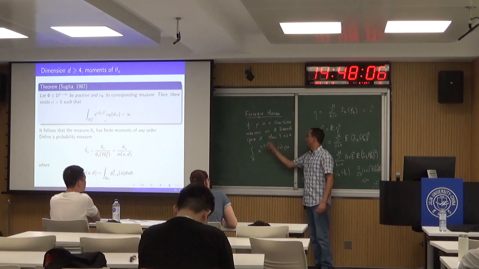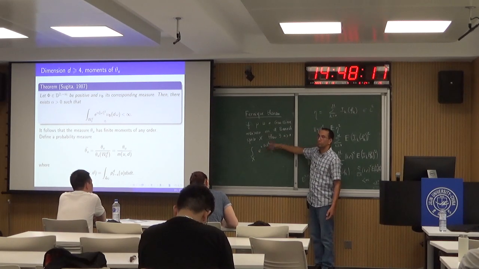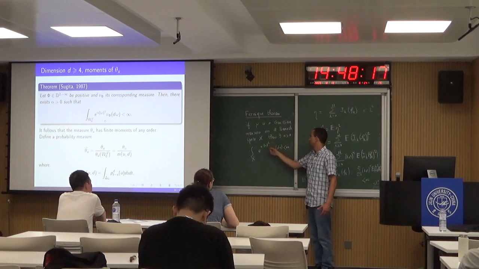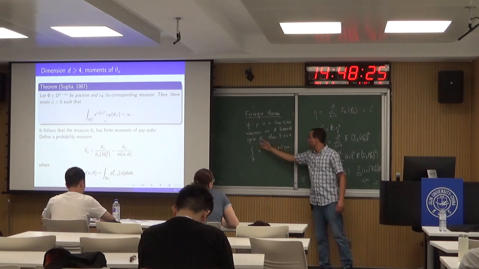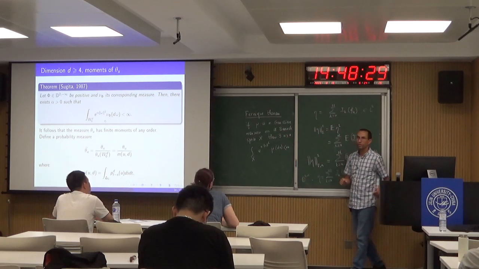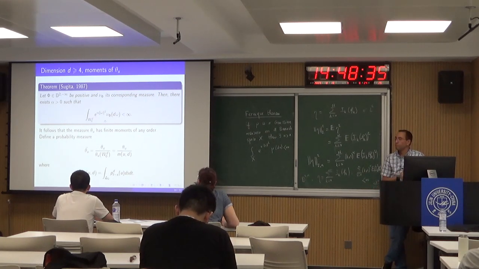A positive one. This is a function that blows up when the norm of x tends to plus infinity, but still it is integrable. This formulation is called the Fernique-type theorem, and here we have a Fernique-type theorem for this kind of measures.